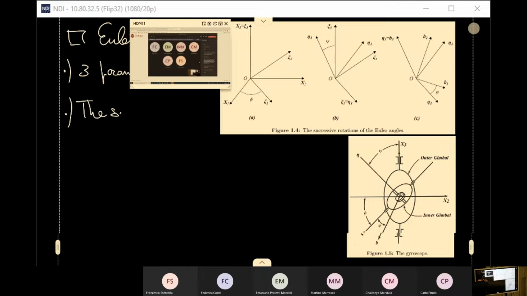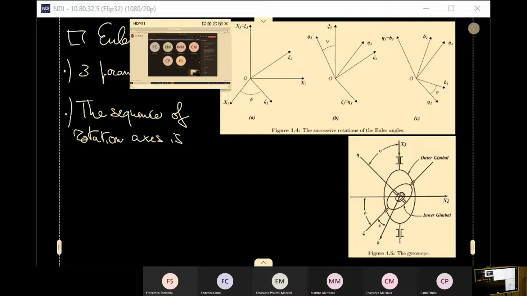So the sequence of rotation axes is arbitrary.